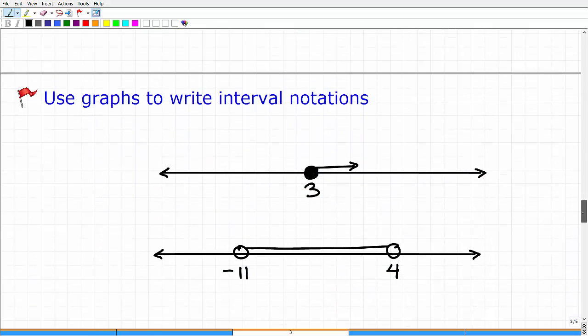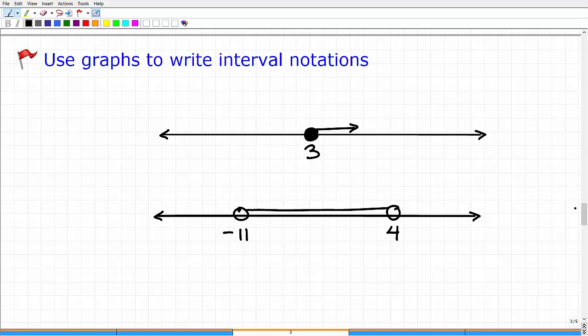So using graphs to write interval notation is basically just another way to reverse engineer what we've been doing. Why don't you go ahead and see if you can write the interval notation for this first graph? I'm not going to tell you what this means. You should know this from basic algebra 1 when you're working with inequalities. By the way, if you're not quite sure about these particular graphs, you may want to go back and review your algebra.